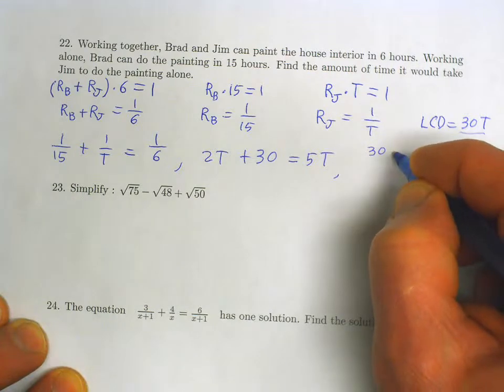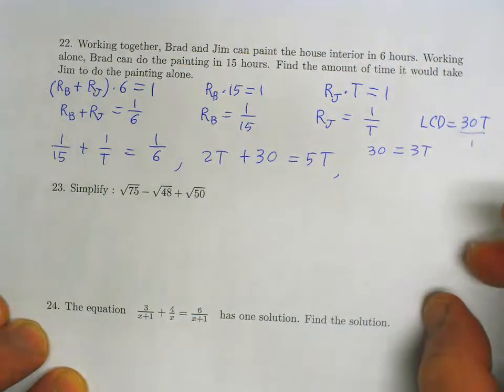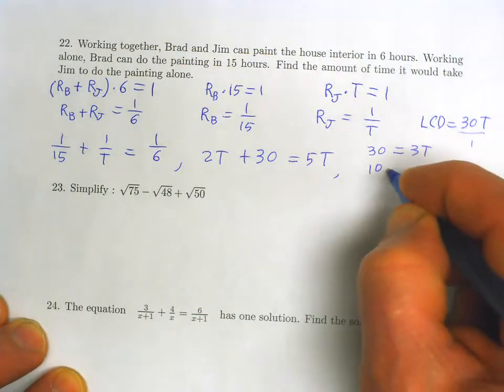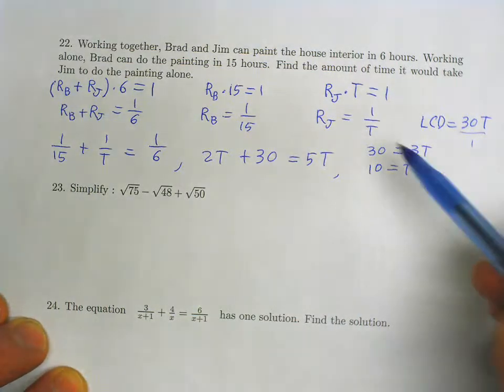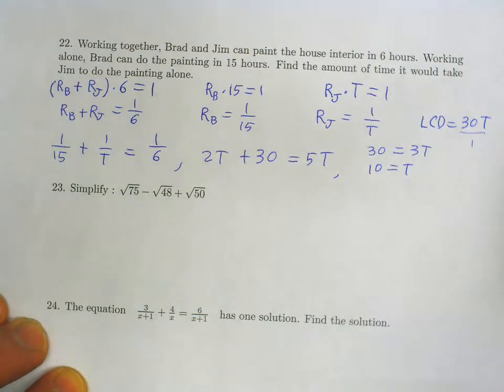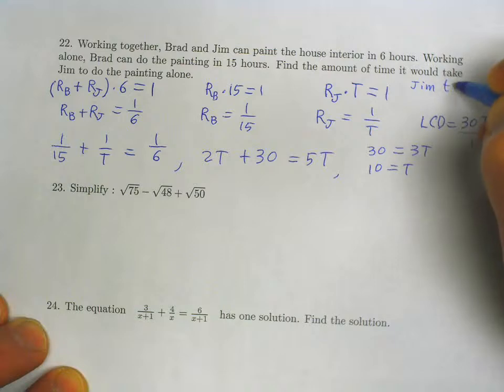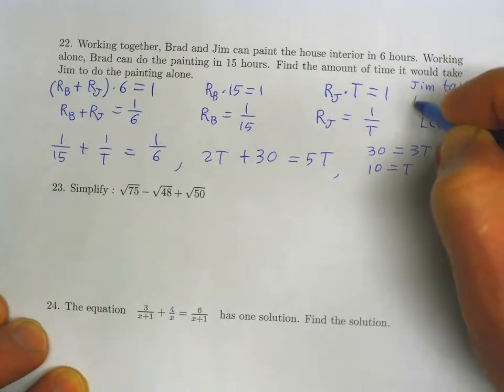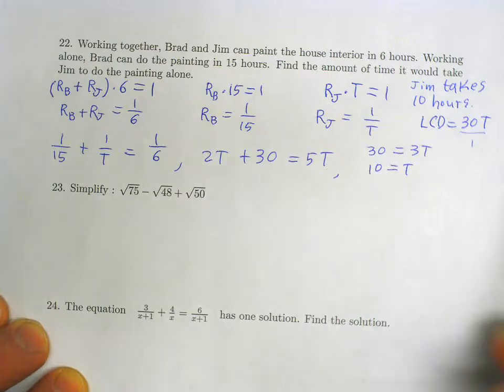We get 30 equals 3T. Then divide both sides by 3. We get T equals 10. So that means Jim takes 10 hours by himself. So Jim takes 10 hours to paint the house by himself.